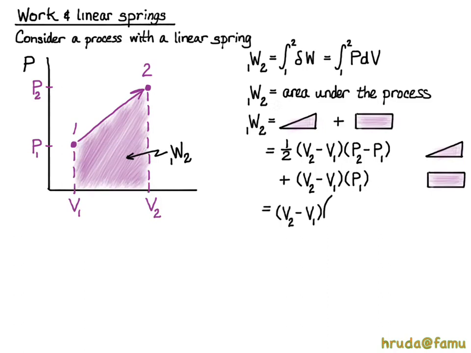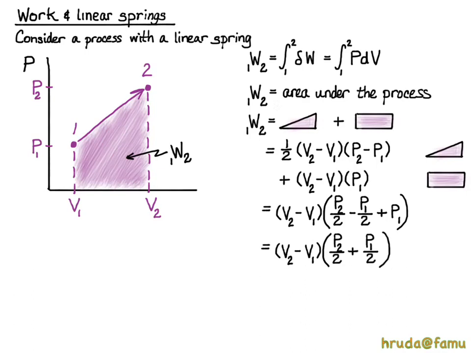Going ahead and distributing the 1/2 on the pressures and then adding the two terms together, we end up with an equation that is the equation for a trapezoid, which is the work would be equal to 1/2 the base, which is V2 minus V1, times the two heights.